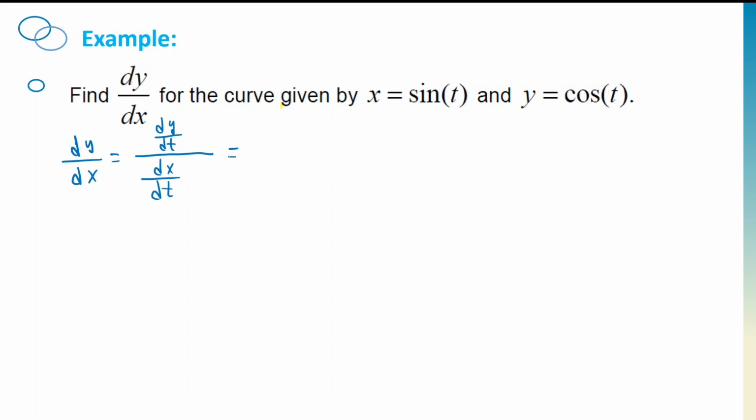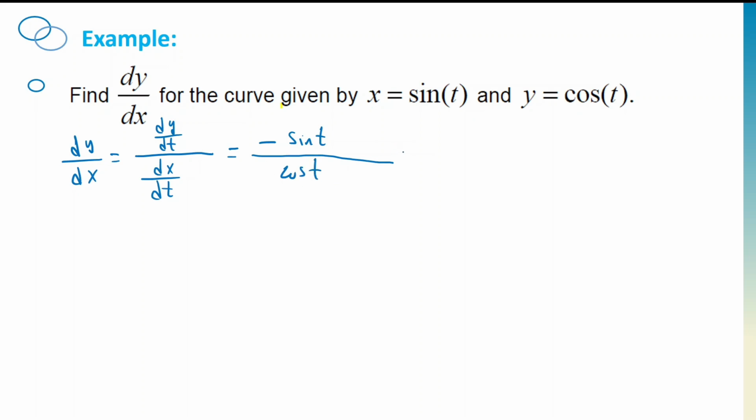Now dy over dt, this is y. What's dy over dt? The derivative of cosine is negative sine of t. Down, it's dx over dt, the derivative of x, so this is cosine of t.